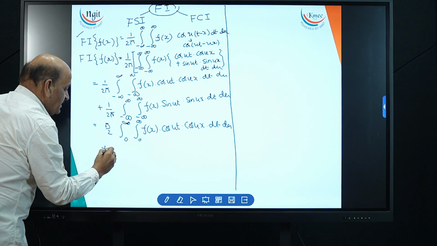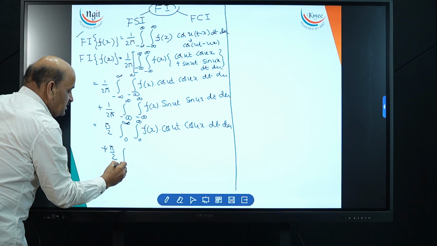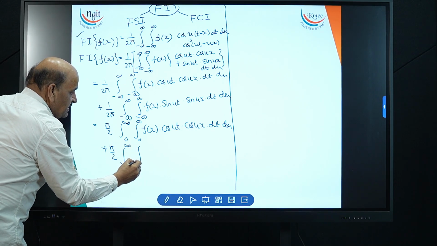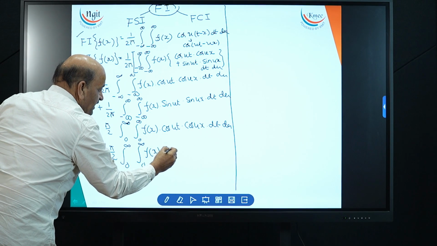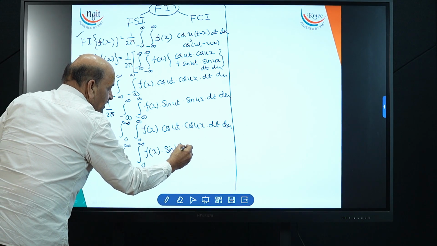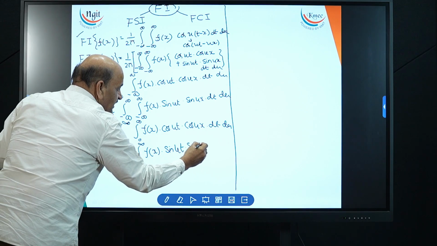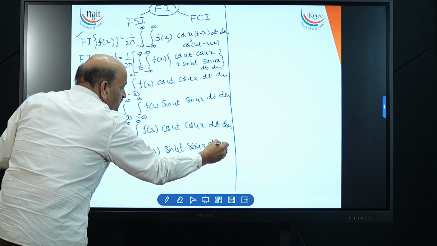Similarly, for this also, pi by 2 integral 0 to infinity f of x into sin ut into sin ux dt du.